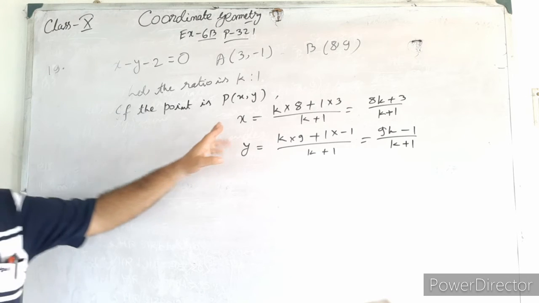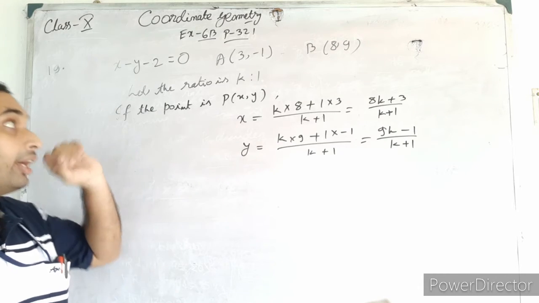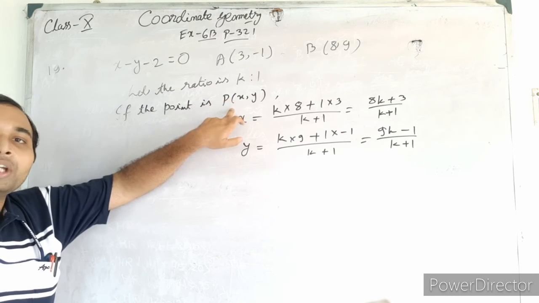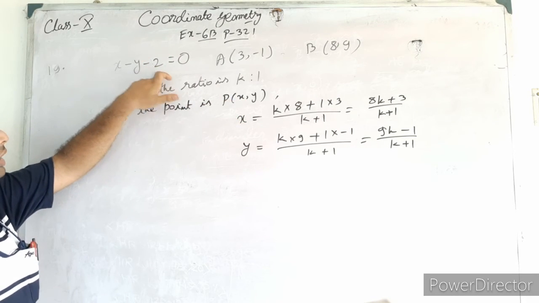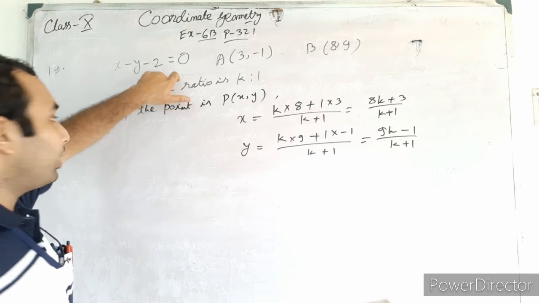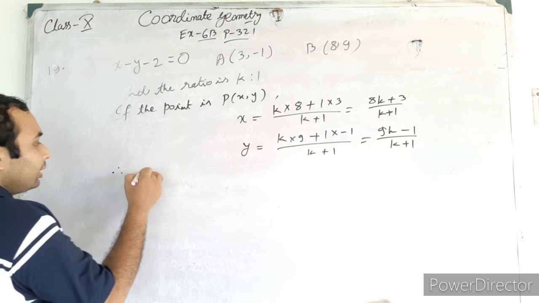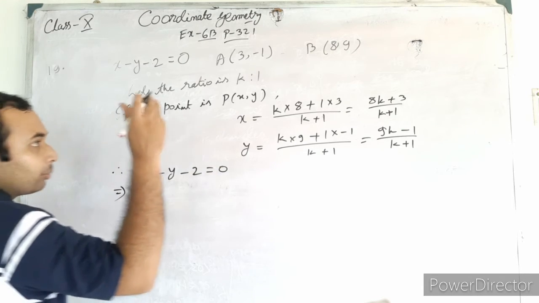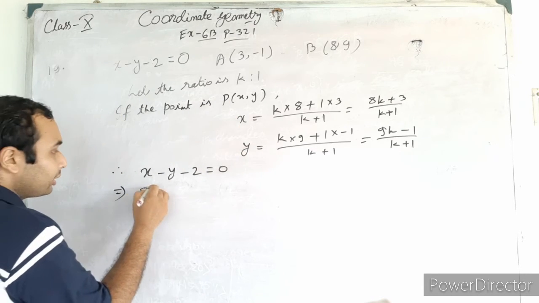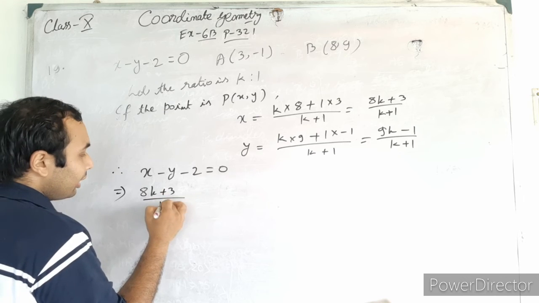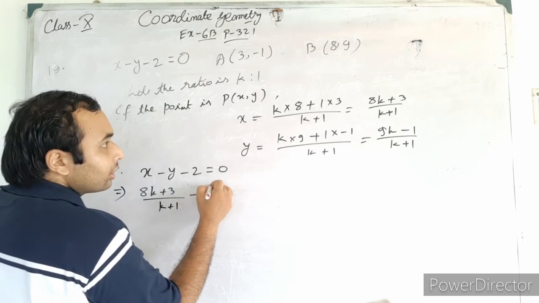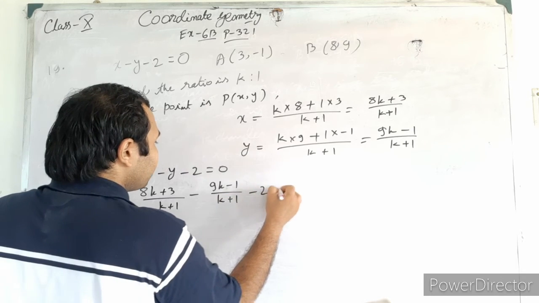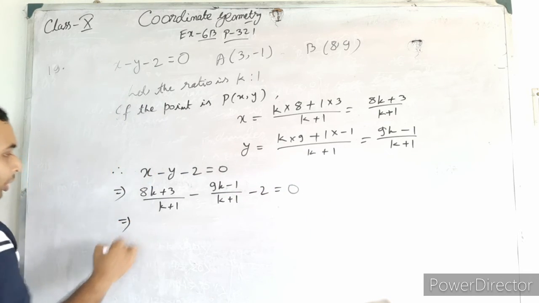So we have found the values of x and y here. Now another piece of information is given: this point P(x, y) lies on the line x minus y minus 2 equals 0. So put the values here: (8k plus 3) by (k plus 1) minus (9k minus 1) by (k plus 1) minus 2 equals 0.